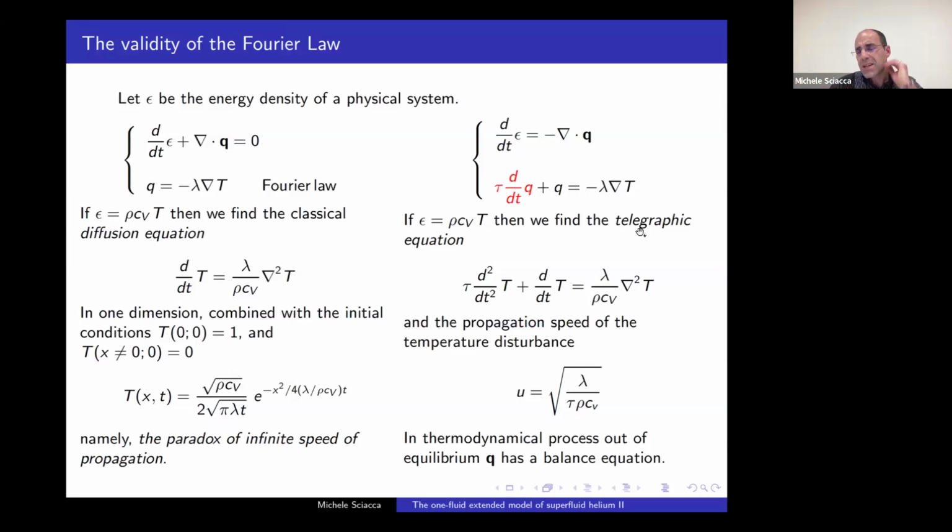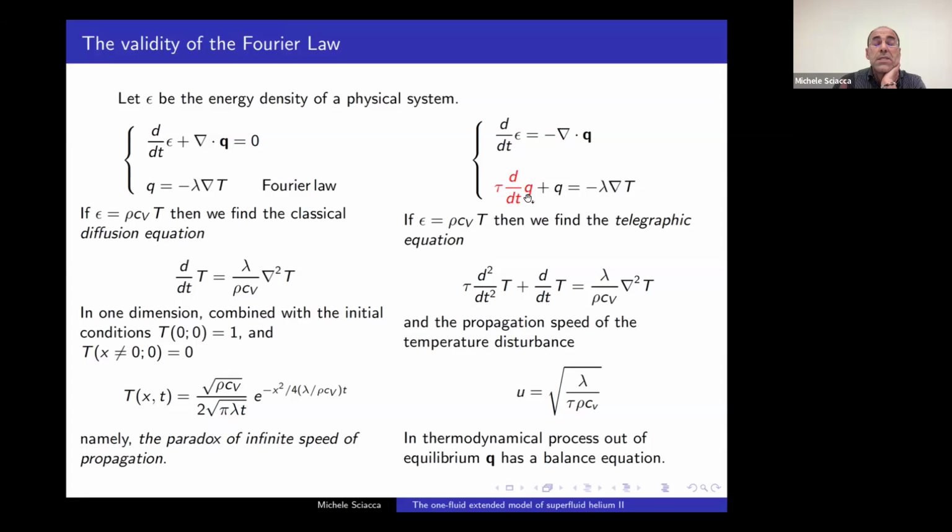So there was the Maxwell and Cattaneo model, which is the simplest model you can consider, where for the flux you don't use the Fourier law, but you have a relaxation time for the heat flux.